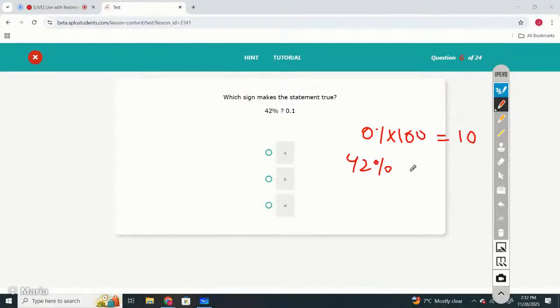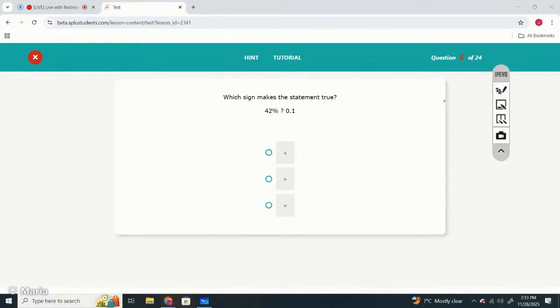So 42% is greater than 10%. The correct option is greater. Option number 2 is the correct option.